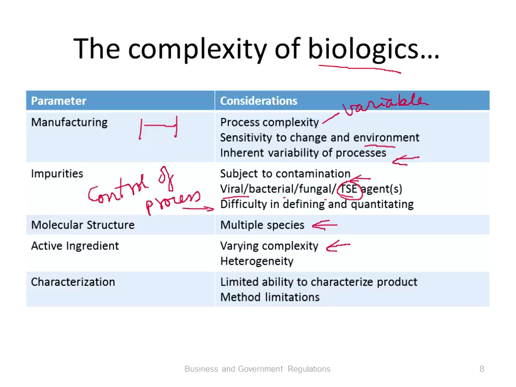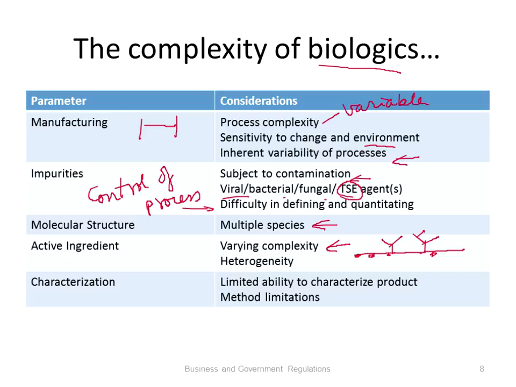For example, a lot of the products, although they are proteins of specified amino acid sequence, often have sugar molecules attached to them, right? And this addition of sugar molecules, which is called glycosylation, is inherently variable.